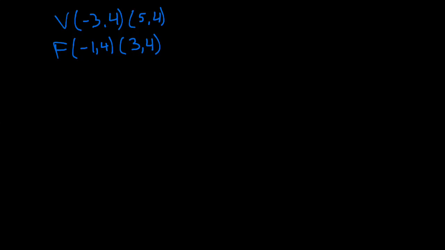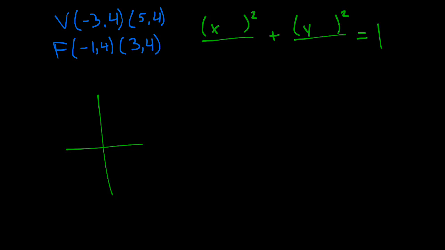But again, I think what we should do first is put in the skeleton for our equation of an ellipse: (x - something) squared over something plus (y - something) squared over something is equal to 1. And then again from there, let's make a rough sketch. Our vertices are at (-3, 4) and (5, 4).